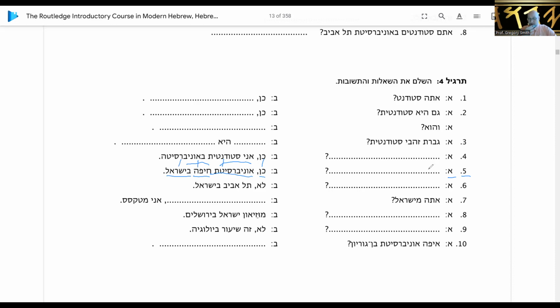Where? And I think ifo is where, so we could say ata be'universita, and we would use be'universita. I'm not going to write out that whole universita.